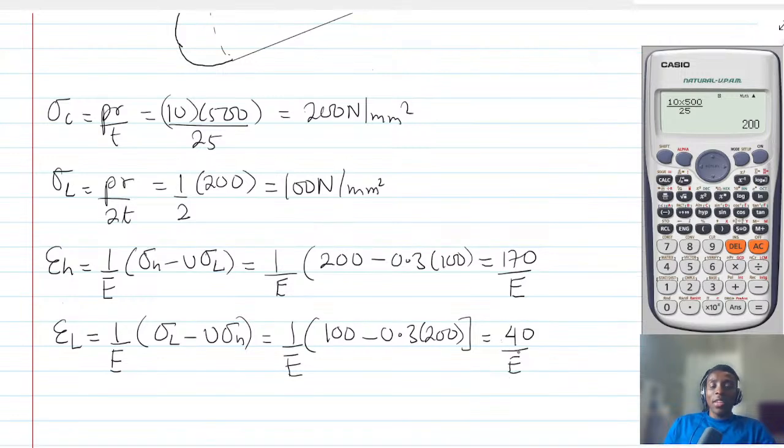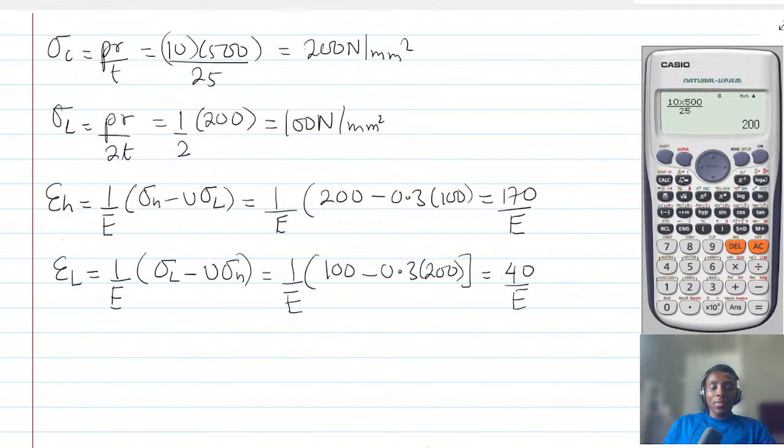This question came last year, like I said, but not from your class. So let's calculate the total change in volume.